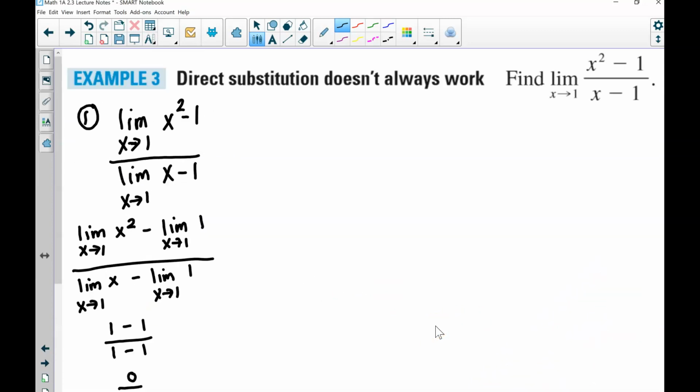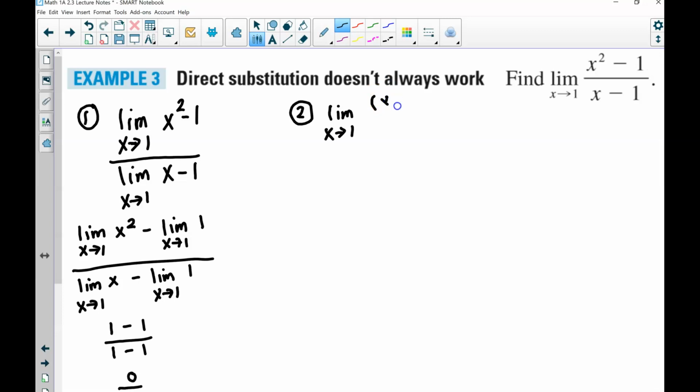Okay. Now, we can also look at this in another way. Let's take a look at this step. Before we even separate the limit, what we can do is use some of our tools from algebra. What I mean by that is we may be able to simplify this rational function first. Well, can we factor x squared minus 1? According to difference of squares, yes, we can.